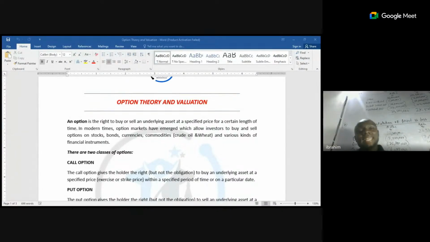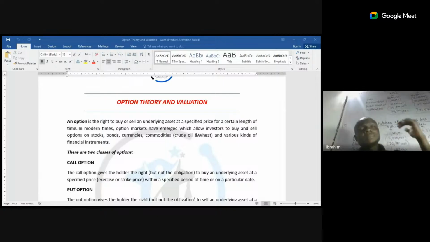Class, option theory and valuation is another interesting topic. Now, where do we have what we call an option market?